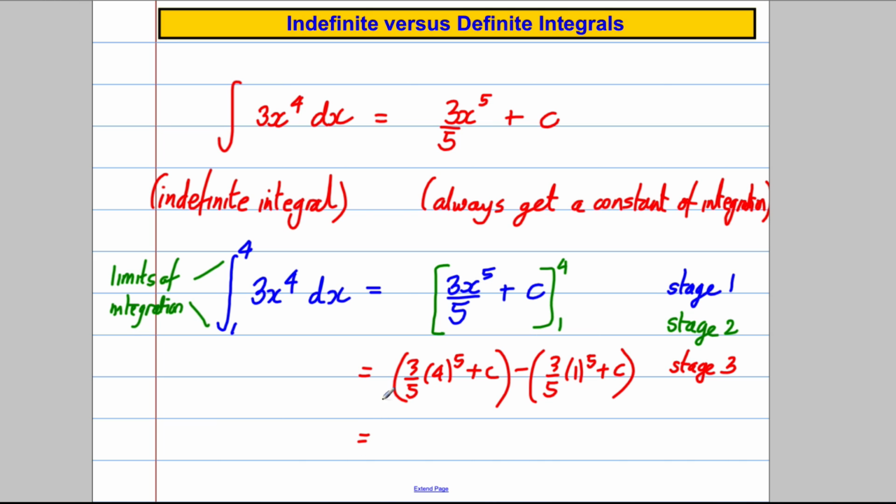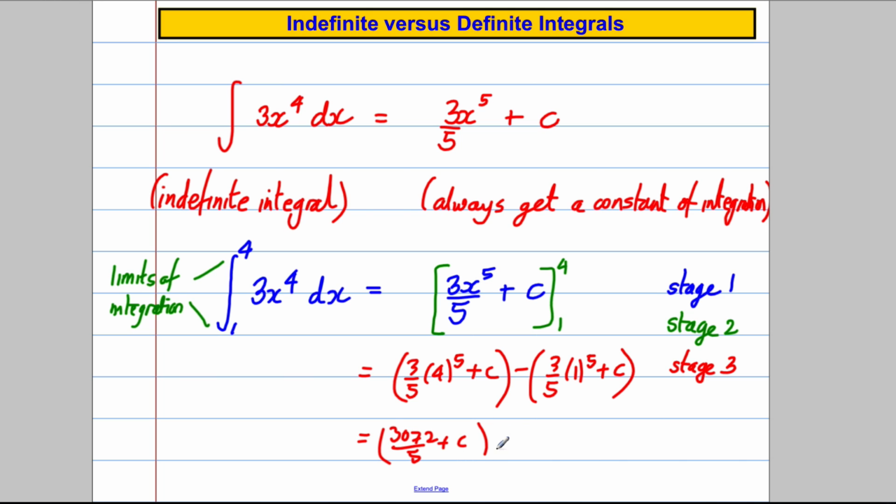Now, if you work this out, 4 to the power of 5, you would get 3072 over 5 here, plus c.